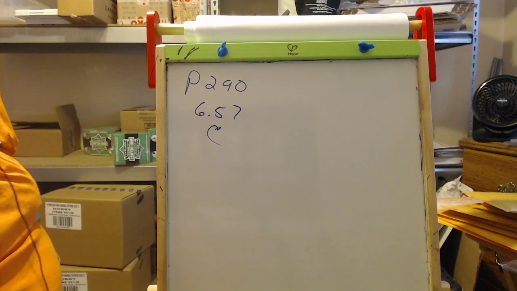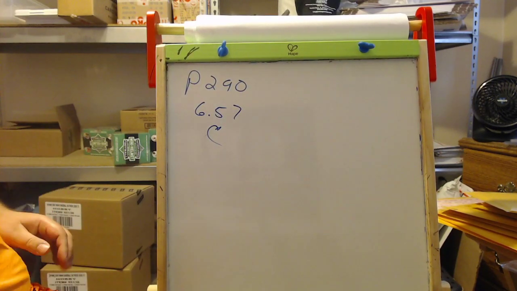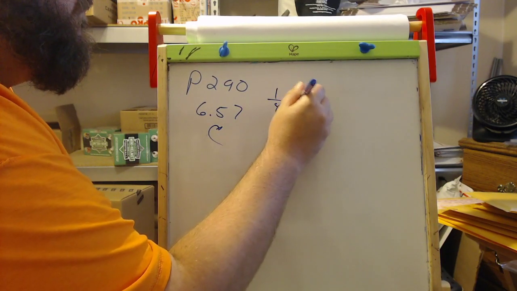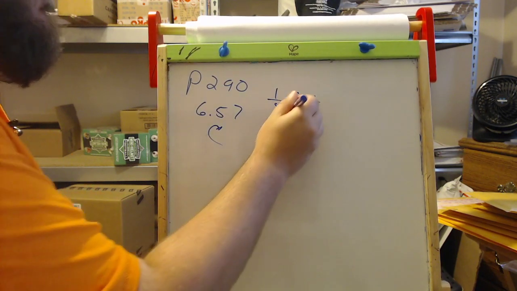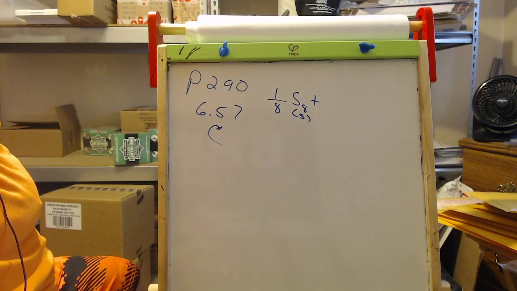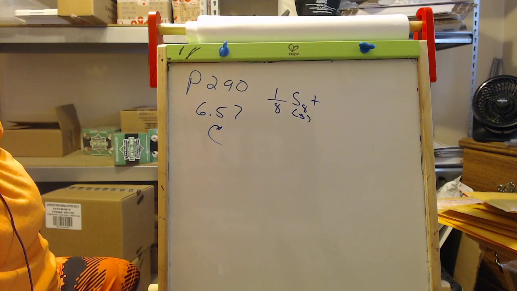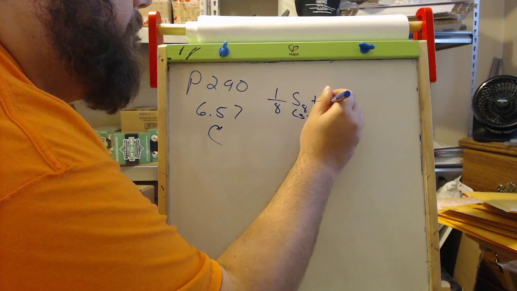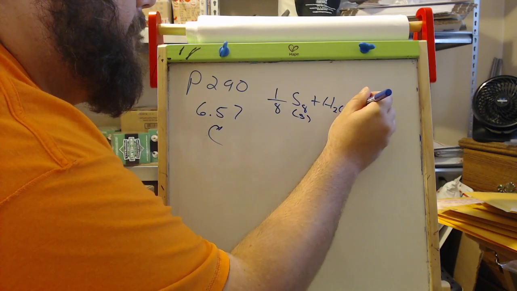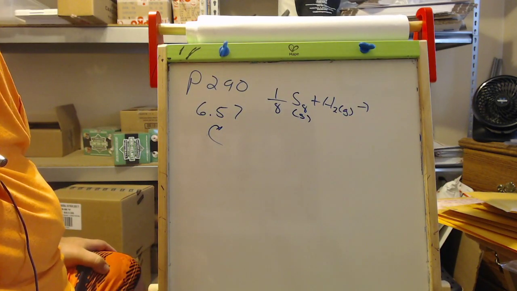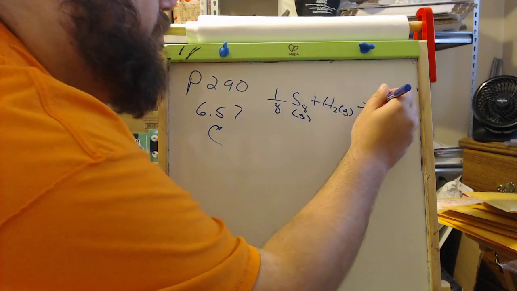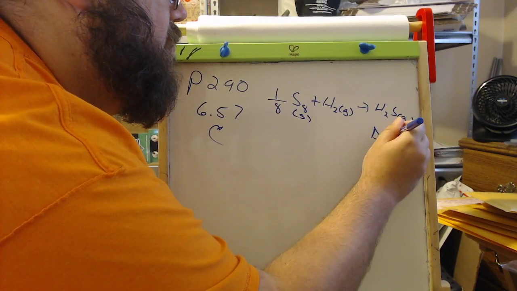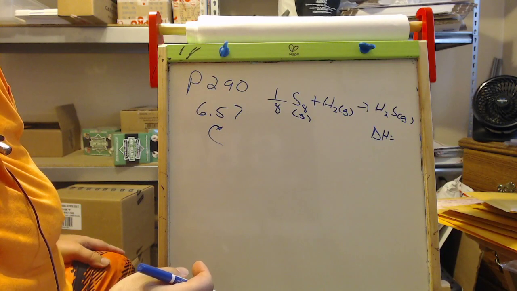6.57, letter C. They give you a reaction of 1/8 S8 solid plus H2 gas yields H2S gas, and they give you a delta H equaling negative 20.2.